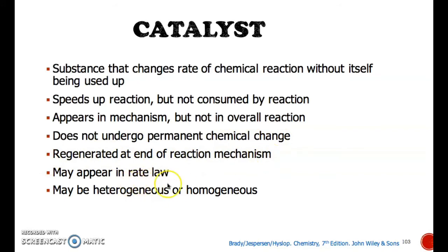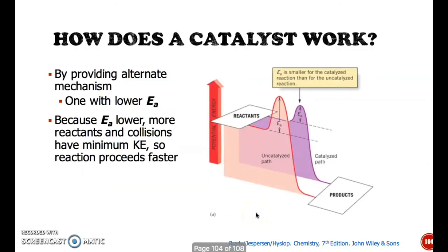It may appear in the rate law, and may be a heterogeneous or homogeneous catalyst. How does a catalyst work? By providing an alternate mechanism, one with a lower activation energy, because the lower the activation energy, the more reactant collisions have the minimum kinetic energy, so the reaction proceeds faster.